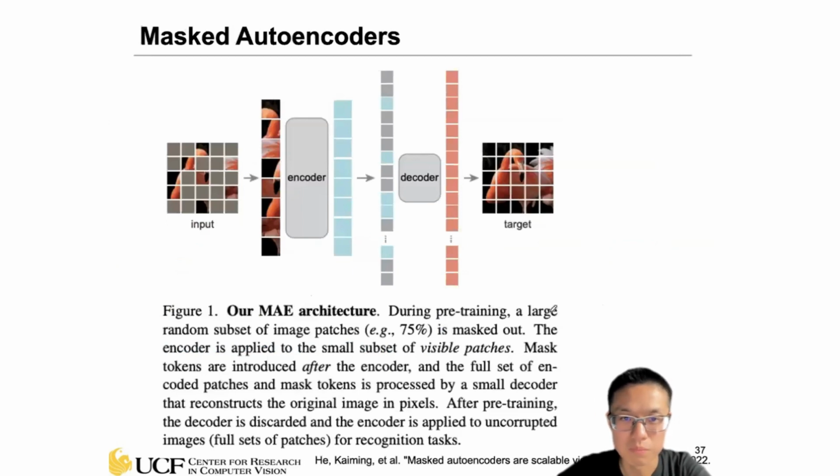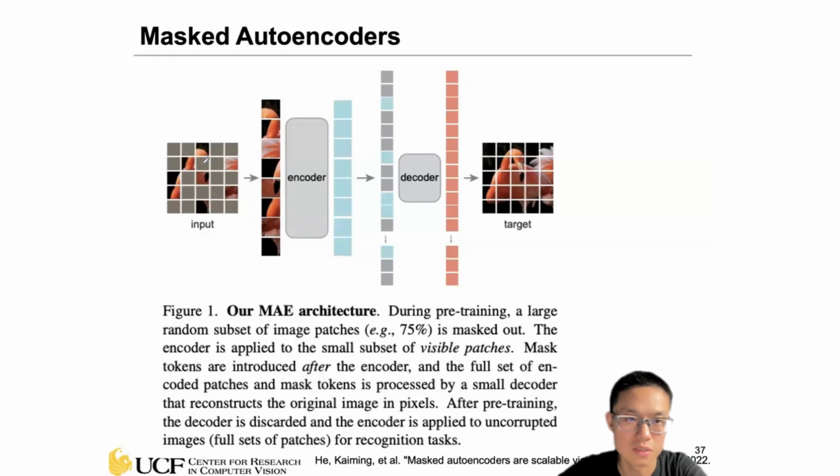The next approach, the recent one, is called masked autoencoder. This self-supervised learning approach is designed for vision transformer. We've talked about the vision transformer architecture. The basic process is you divide the input into small patches, and then what the masked autoencoder does is mask out some of the patches.